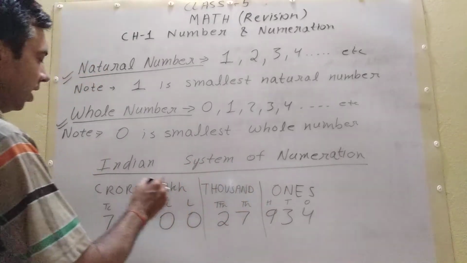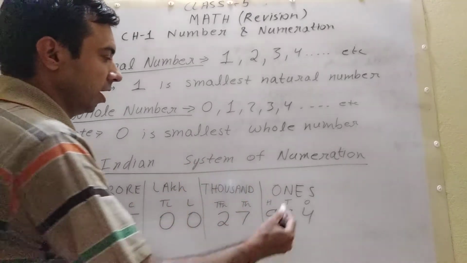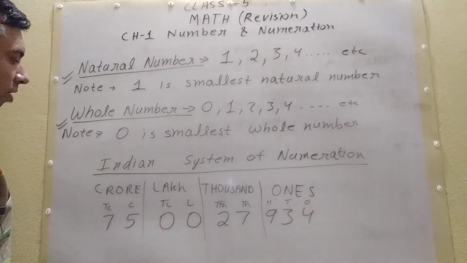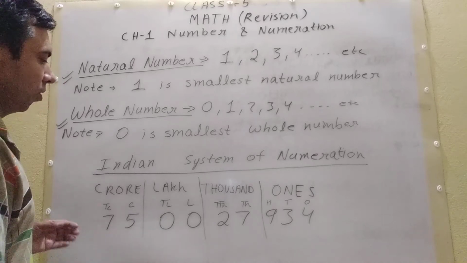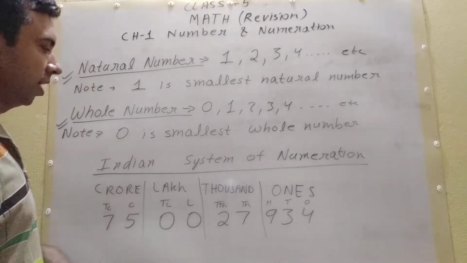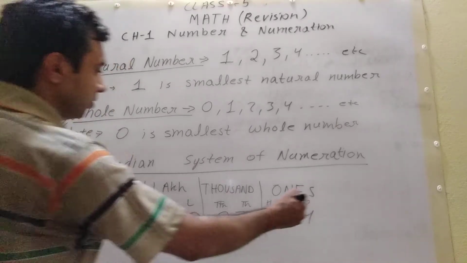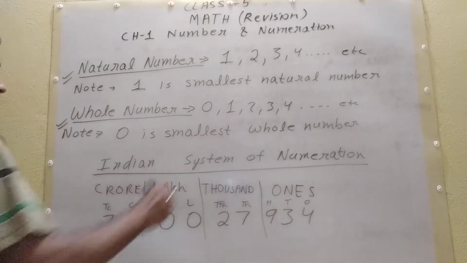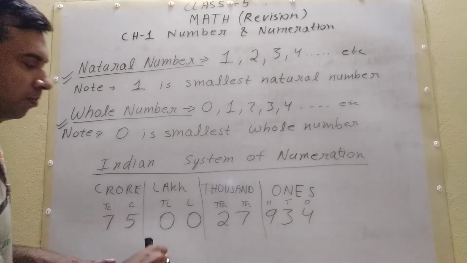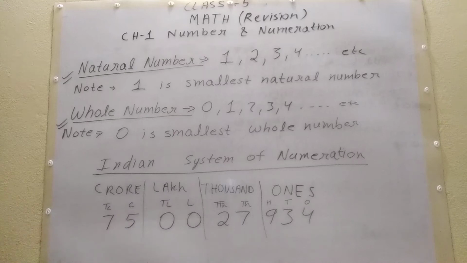We write the period and the place value from the right hand side, and when we read the number or write the number name, we start from the left hand side.